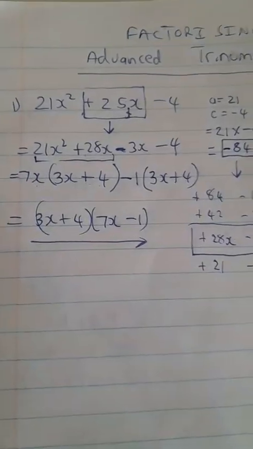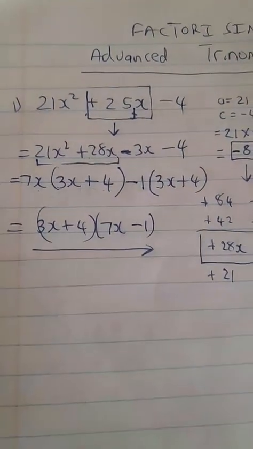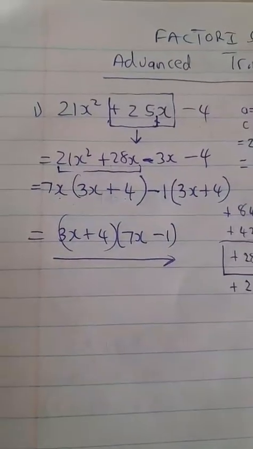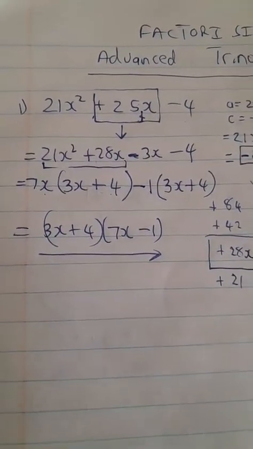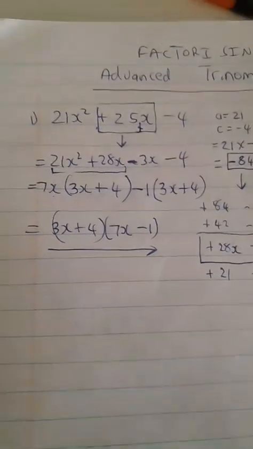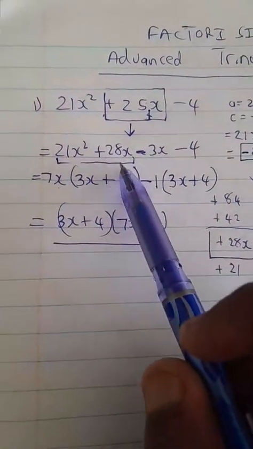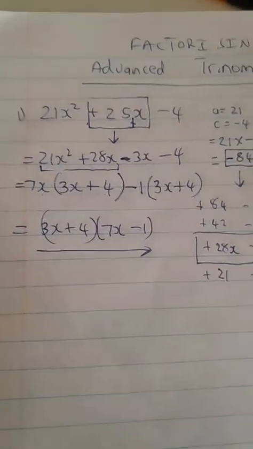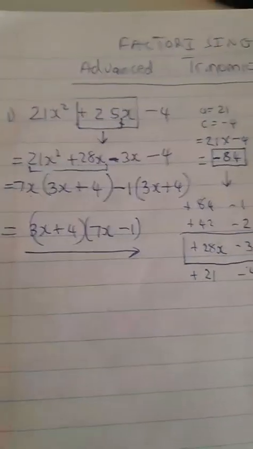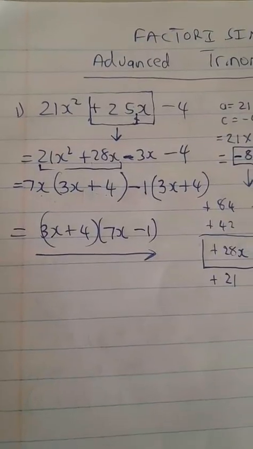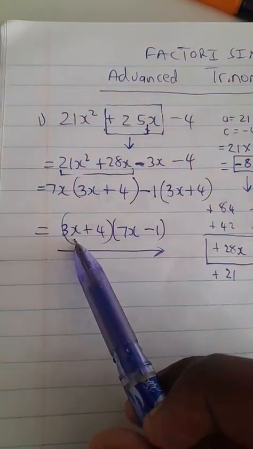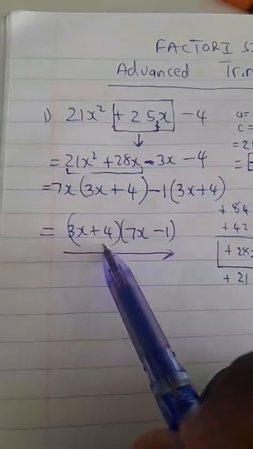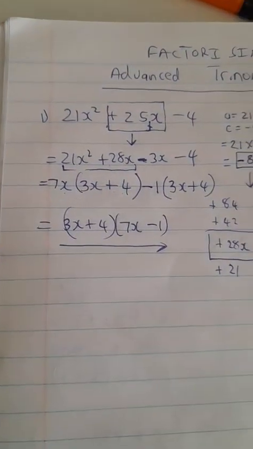And if there is a situation where really and truly there are no common brackets, it simply means that you are given an expression which obviously cannot be factorized. But in most cases, the beauty of this method is that it leads you to a common bracket. That's how you know that you are going in the right direction. It must lead you to a common bracket, so that you can get the two factorized brackets that are supposed to be there.